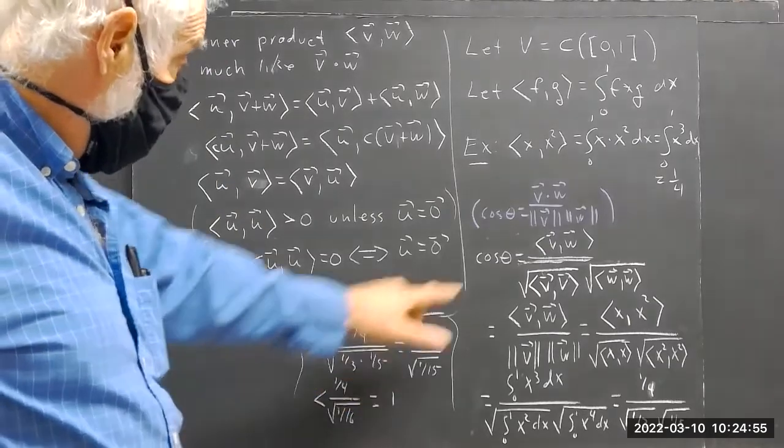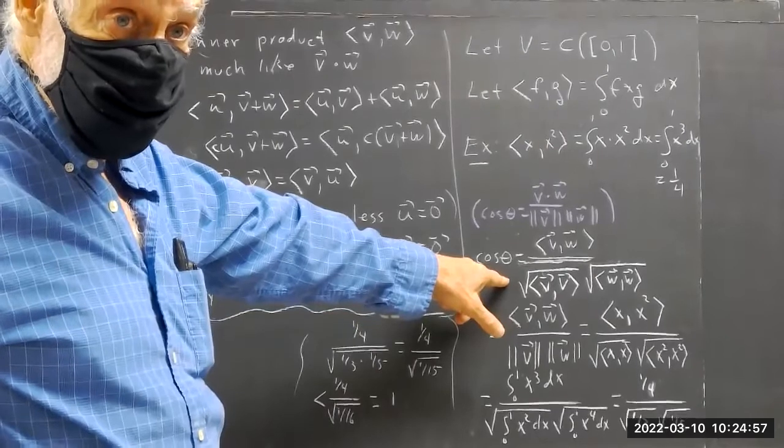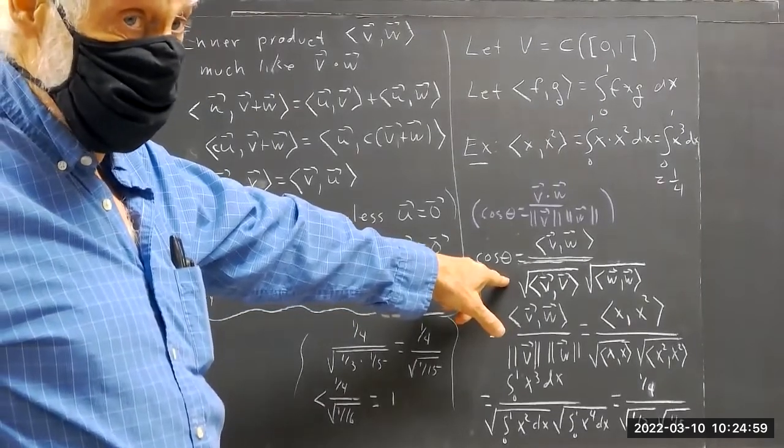Now, why does this make sense? Because this is supposed to be the cosine of theta, right? Cosine of theta has to be less than or equal to 1.